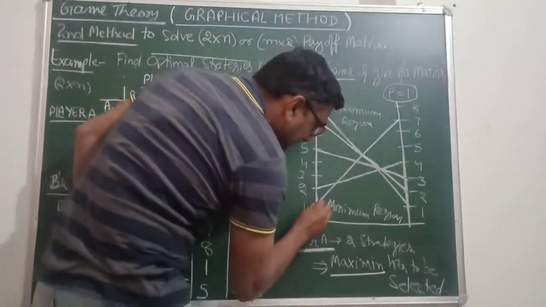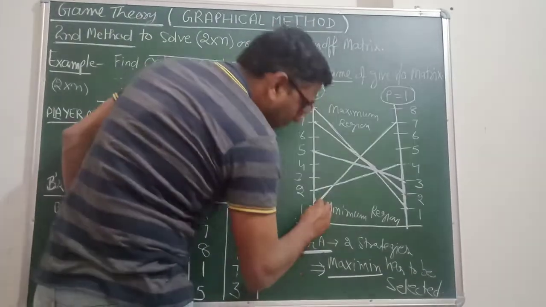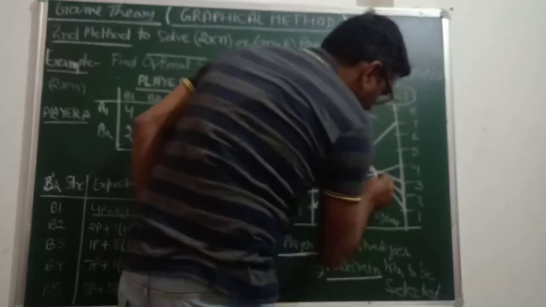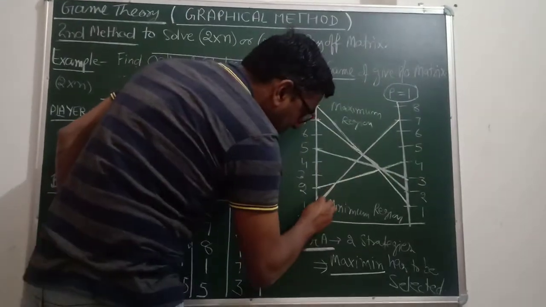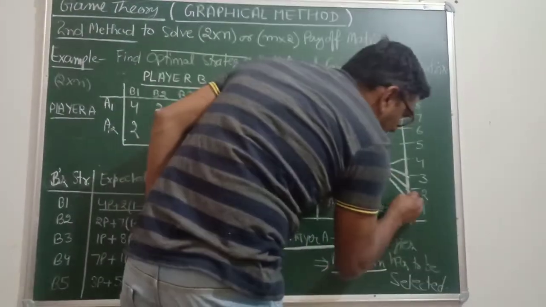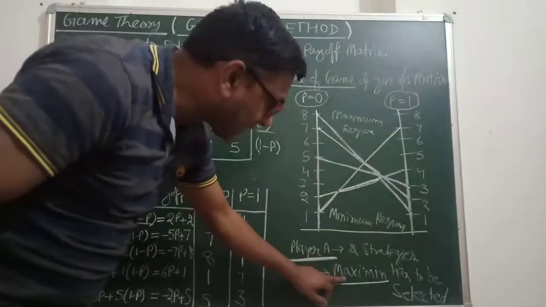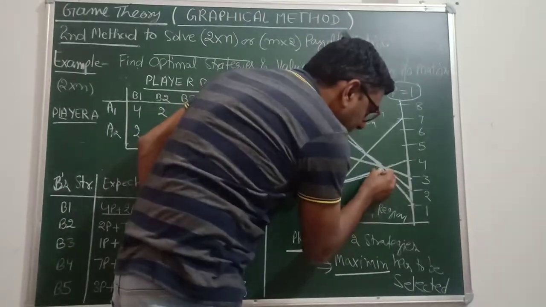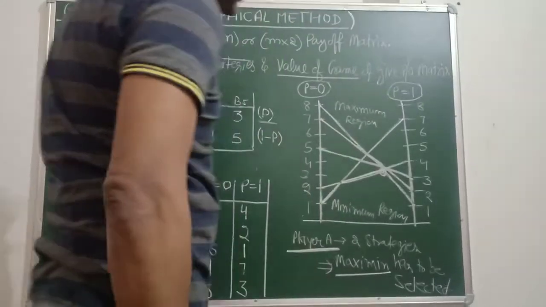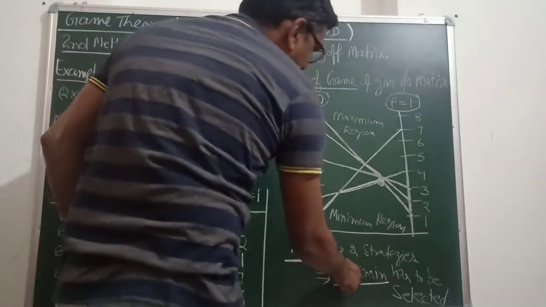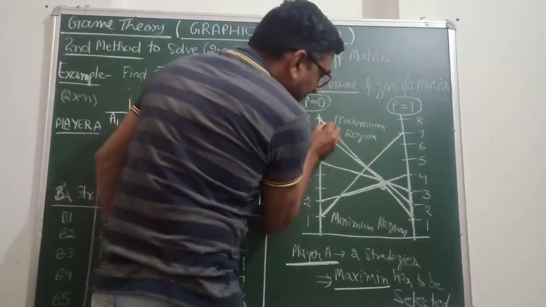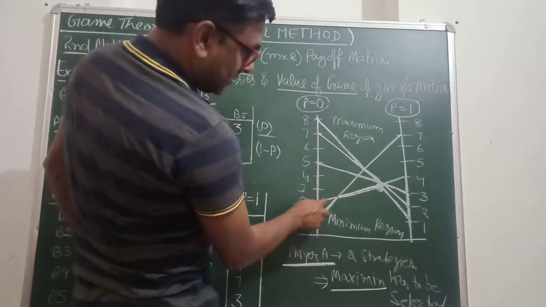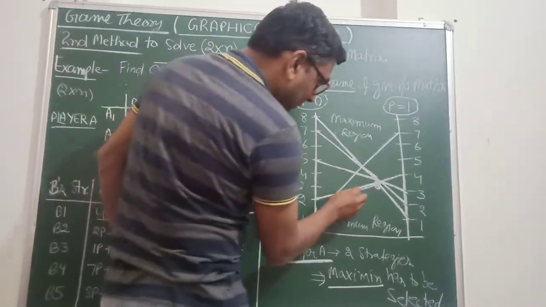This is the outer boundary for the minimum value region. Now the maximum value in this minimum region is this maximum point. You will see that this maximum point is lying on line 8 1 and this is the line 2 4.